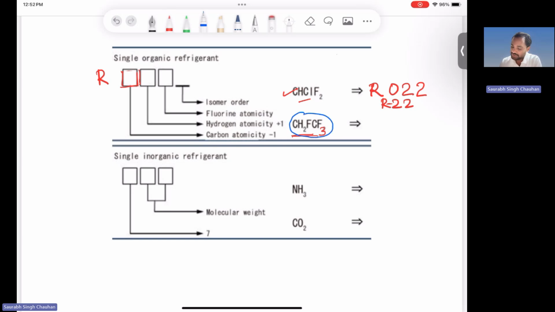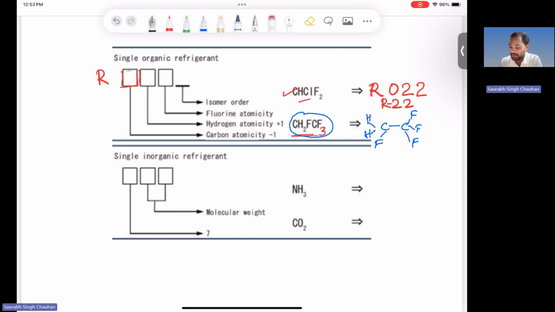So CH2F-CF3. If I make the structure, it will be something like this: F, F, F, then H, H, and one F. If you want to name this refrigerant, how many carbon atoms do you have? You have 2 carbon atoms.